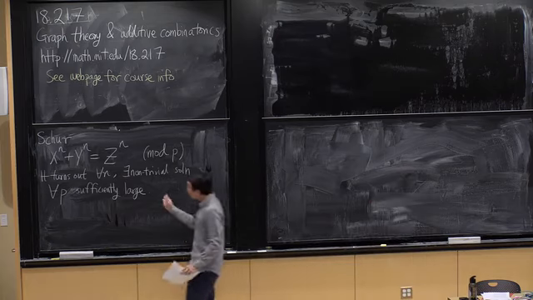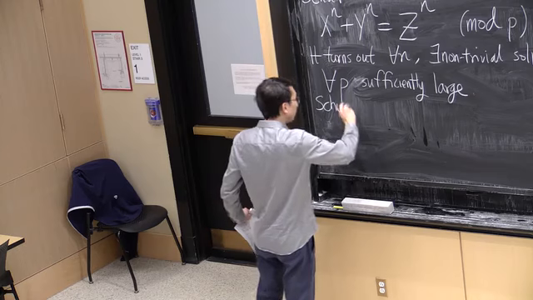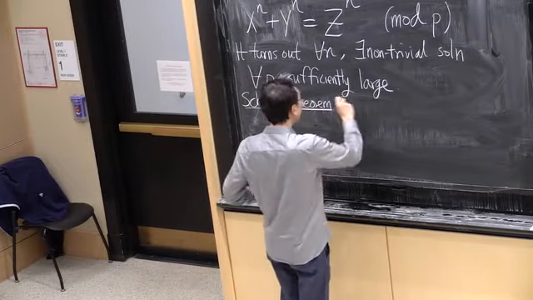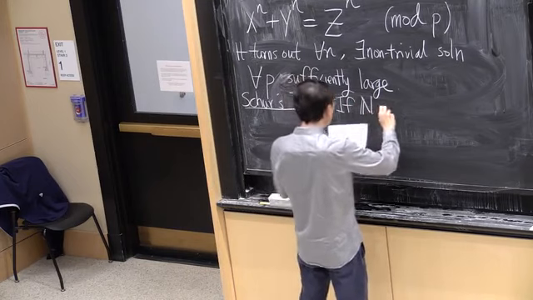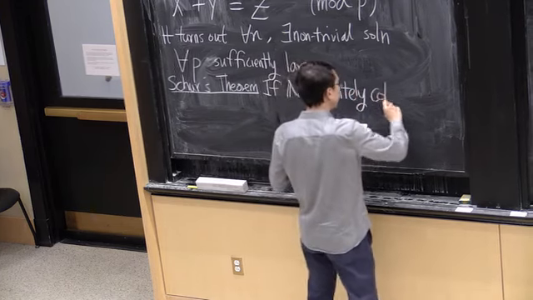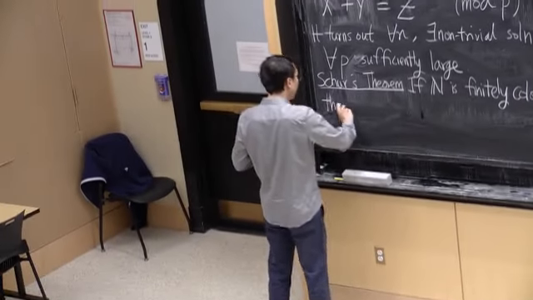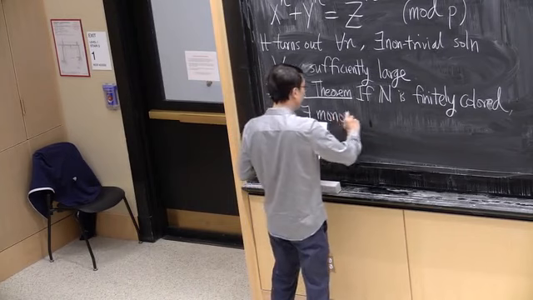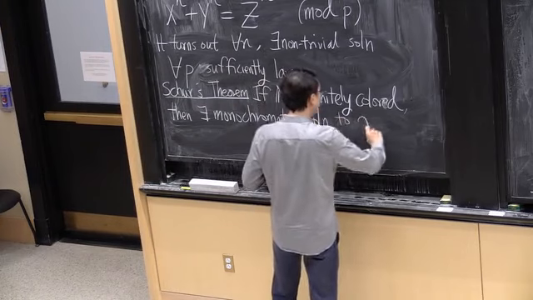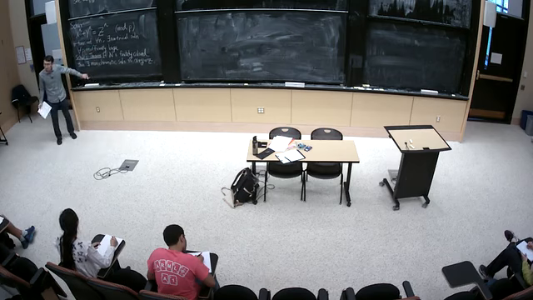Now, Schur deduced his theorem from another result that is known as Schur's theorem, which says that if the positive integers are colored using finitely many colors, then there exists a monochromatic solution to the equation x plus y equals z.